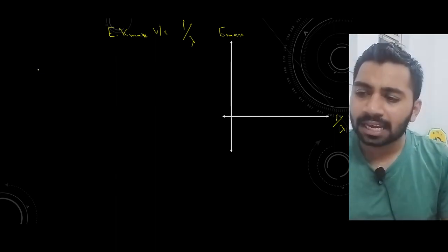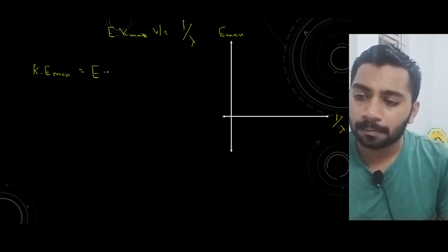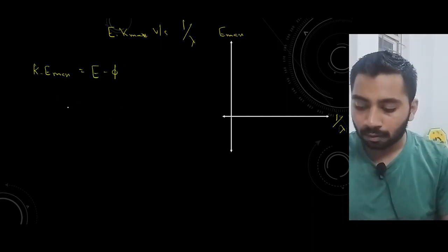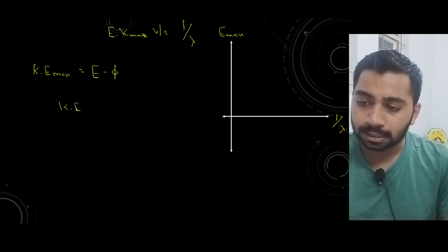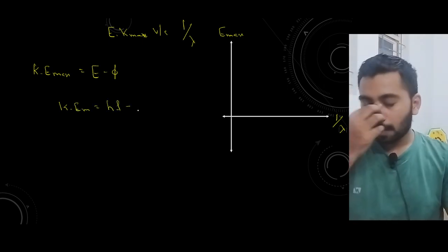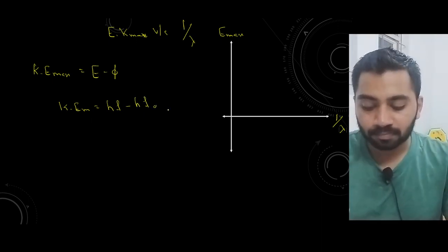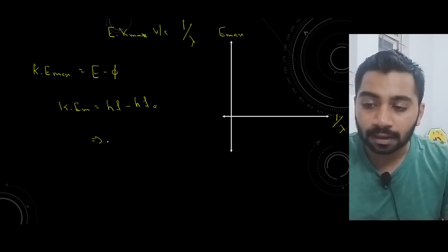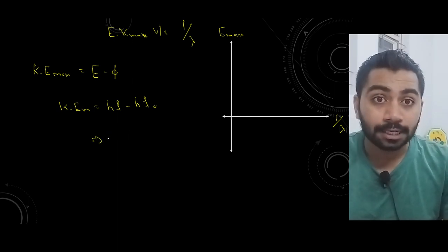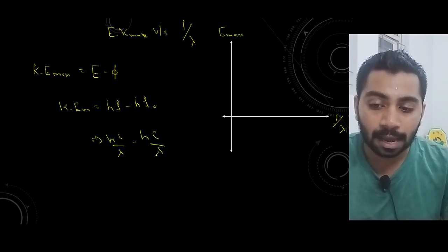Same thing, we will take our one formula. Kinetic energy max is equal to E minus phi. Now we know kinetic energy max is equal to h nu minus h nu naught. We will write here h nu, h is equal to c by lambda, minus h c by lambda naught.